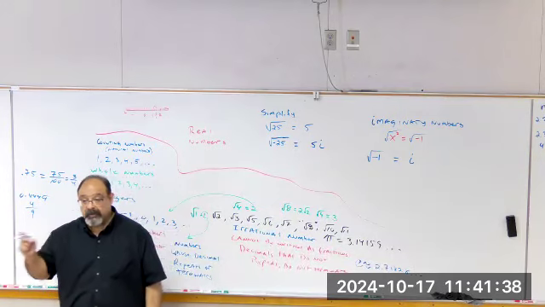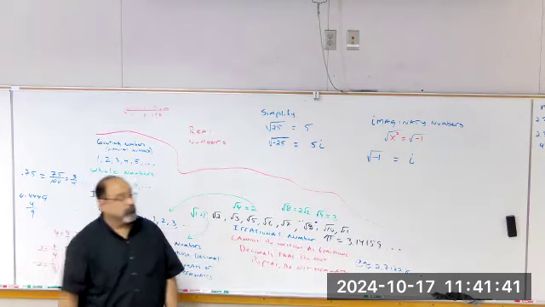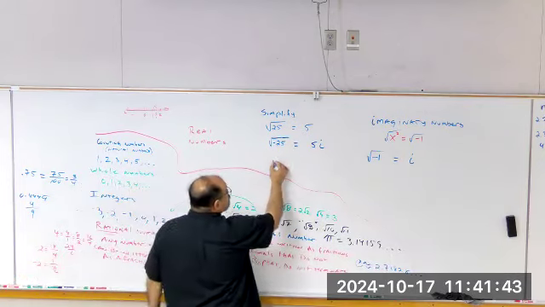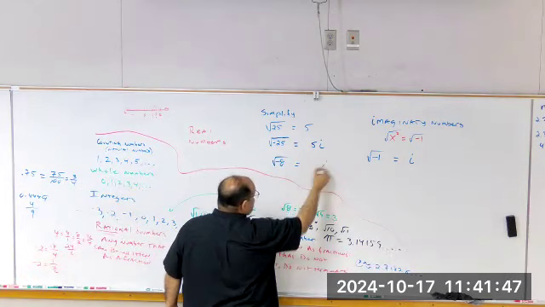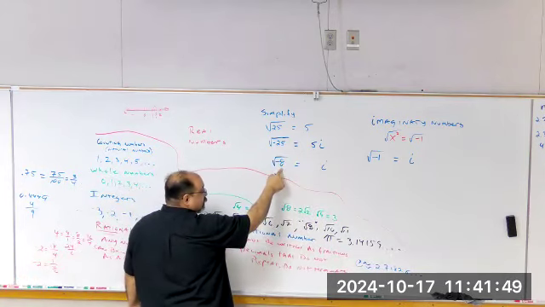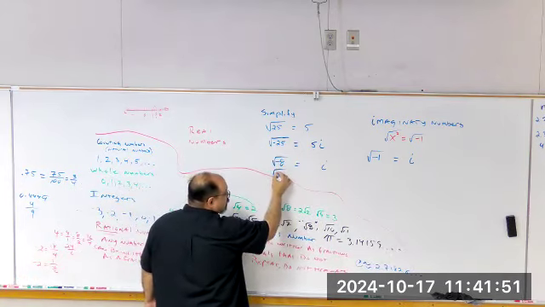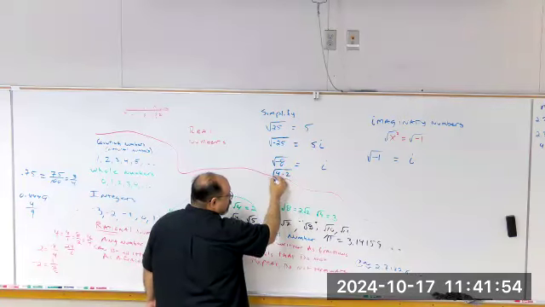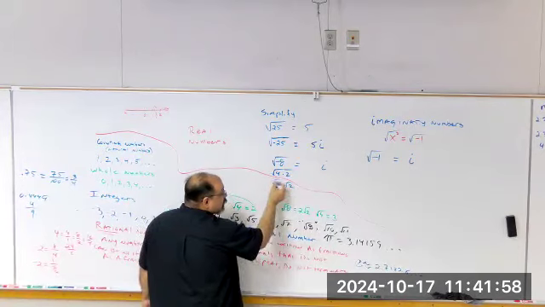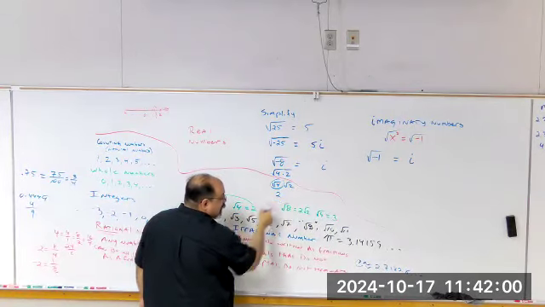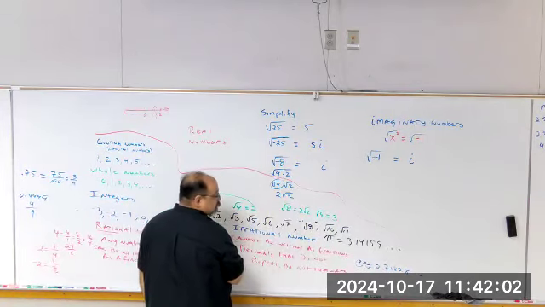Pieces. Take it apart in pieces. The square root of -8. I know the answer is going to have an i in it. Then I focus on the 8. Well, 8 is a 4 times a 2. And that's the square root of 4 times the square root of 2. The square root of 4 is 2. And then times square root of 2.